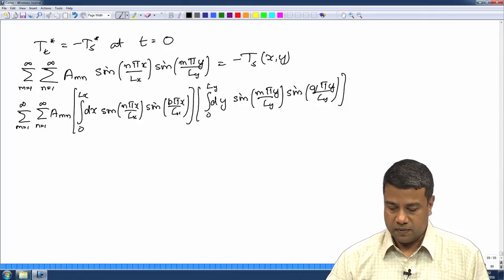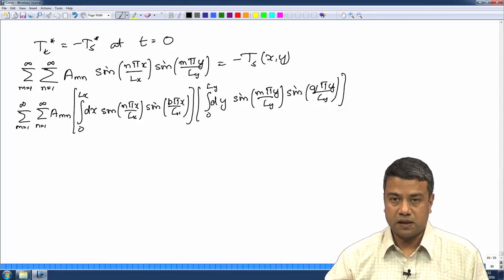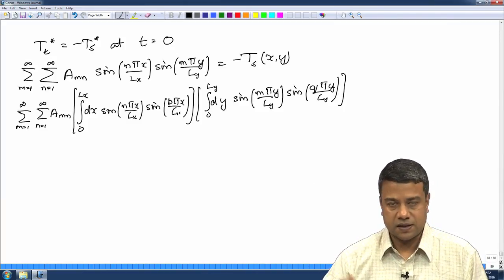So, multiplied by sine p pi x by Lx and sine q pi y by Ly, integrate over x and y. Therefore, I have to do the same thing on the right hand side.